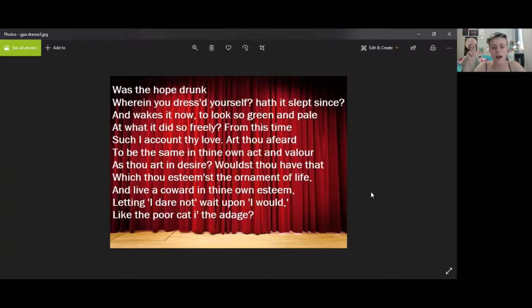And live a coward in thine own esteem, 10 syllables, letting I dare not wait upon I would, 10 syllables, like the poor cat in the adage, 7 syllables, but we know that prithee peace follows. So we know that that adds up to 10 syllables.